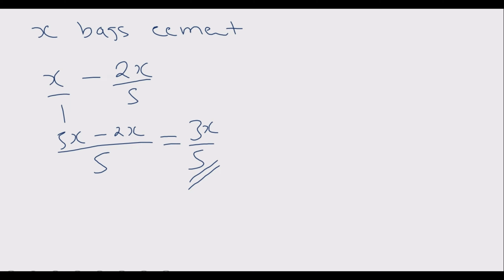So we have 3x over 5 minus 9. What remains is basically half of the original, which is x over 2 bags of cement. Then 9 is the same as 9 over 1.